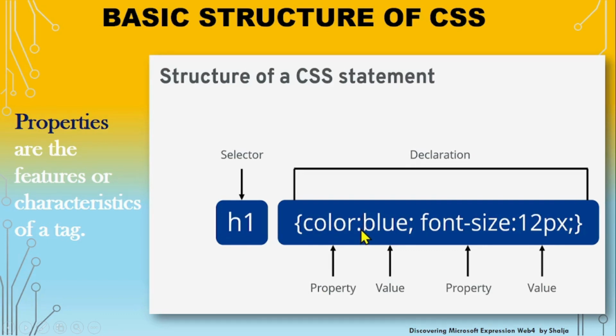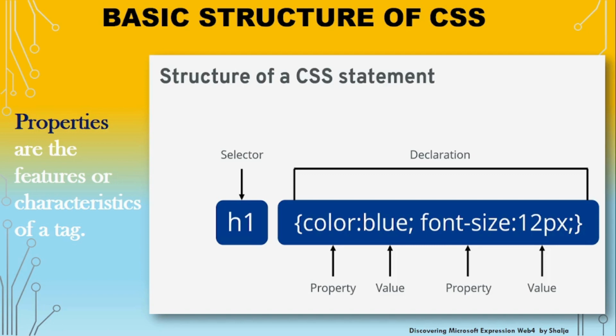This is one property, and it's separated from another property using a semicolon. So color is one property, font size is another property.